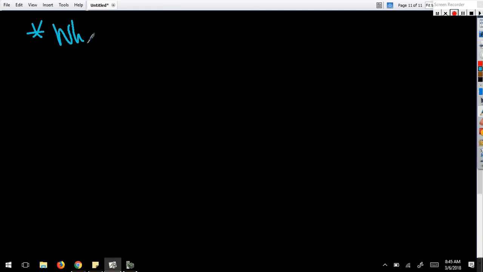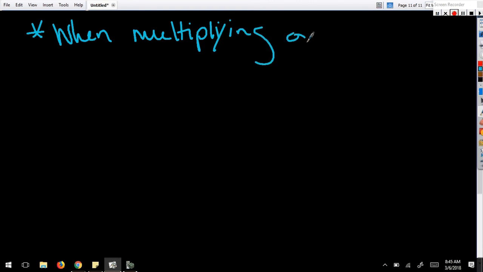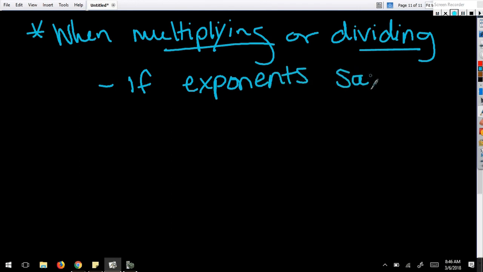This only applies when we're multiplying or dividing. When multiplying or dividing only: if the exponents are the same, you can combine the bases.